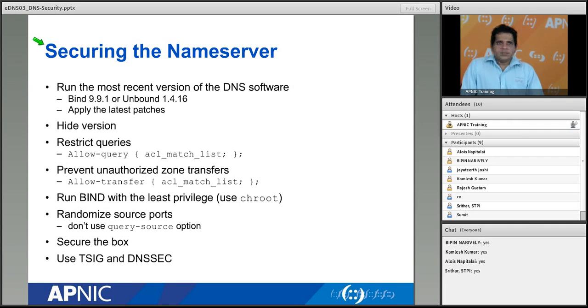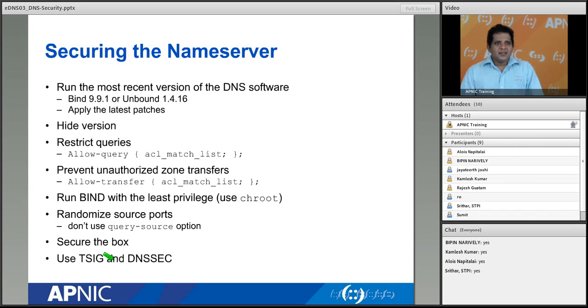Most of these name server software have similar features. You can secure the queries, you can secure the zone transfers, you can introduce access lists, and so on. One of the popular name server software is BIND, and you can use BIND to configure many of these functionalities.